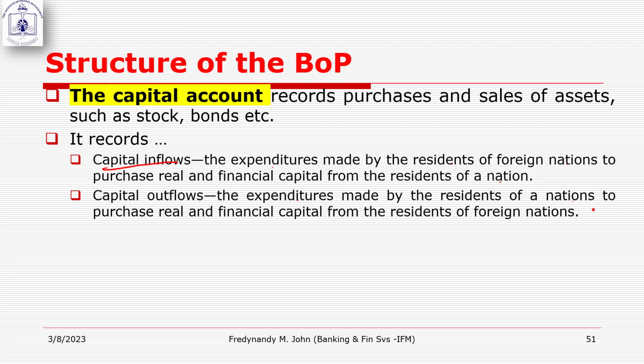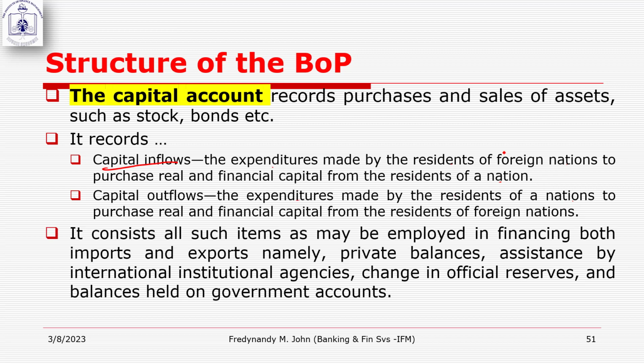If we buy, let's say, some bonds, or we buy some shares that are traded in a financial market, let's say in the US or in Japan, whatever. If the money flows out of Tanzania, out of our border, then that is considered as the capital outflow.